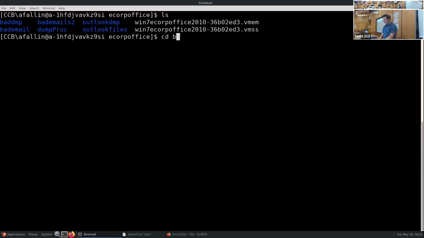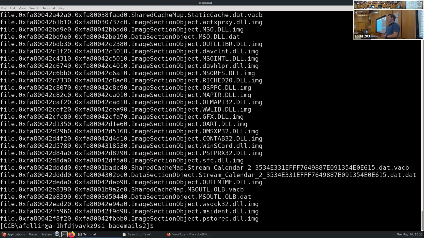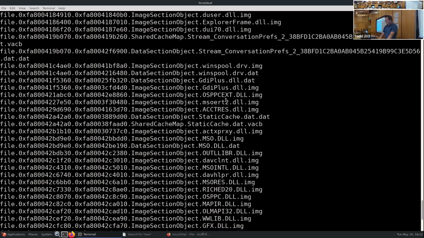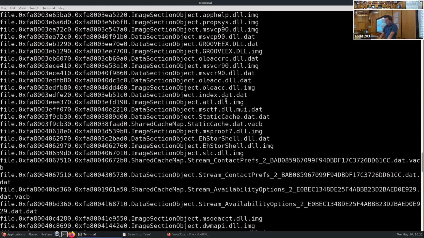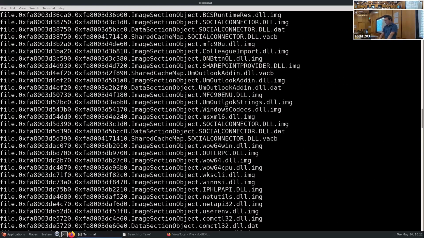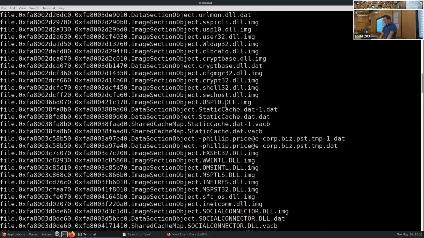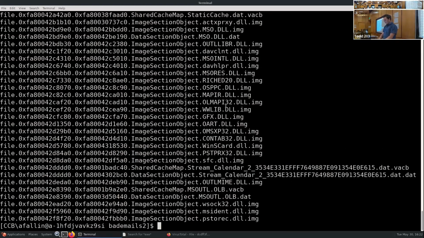So we're going to go into bad files with bad emails 2 really quick, just to show you how many files were output from the dump files process. A lot of dynamically linked libraries, but really what we are interested in are any sort of PST files, right?